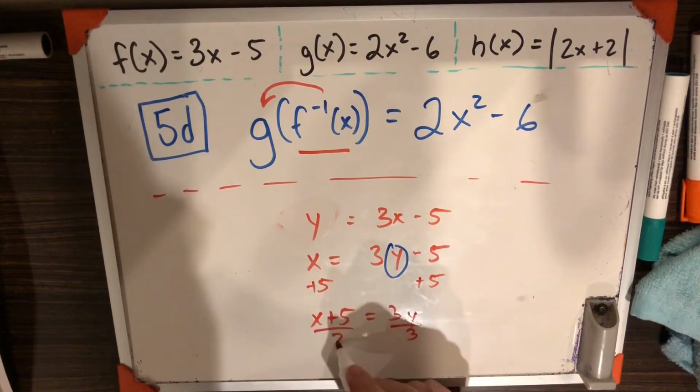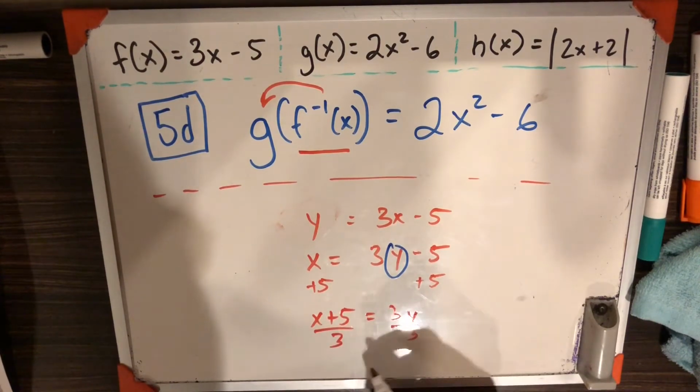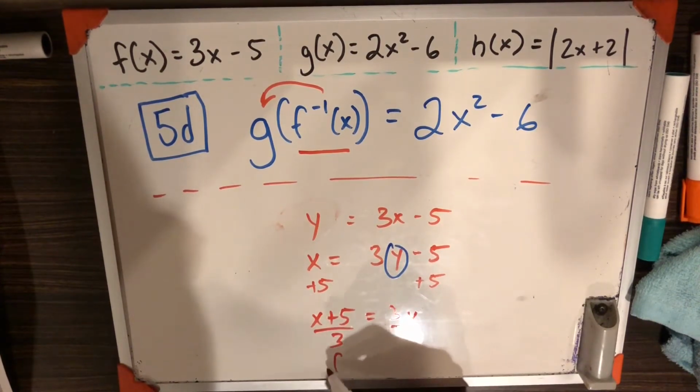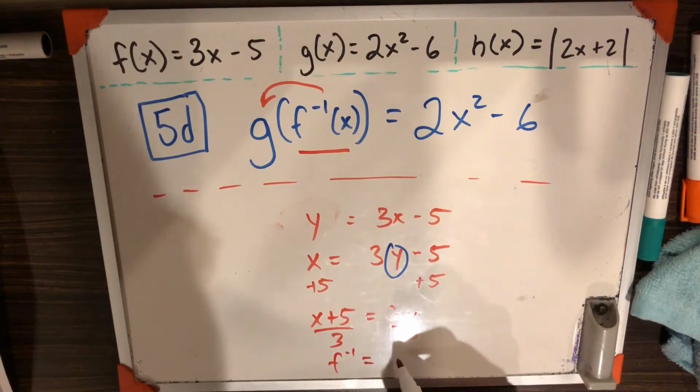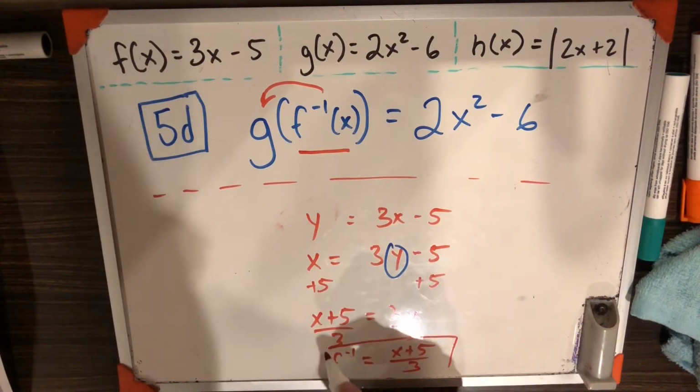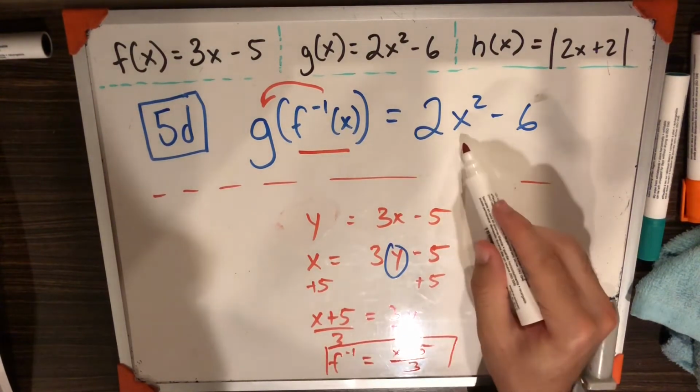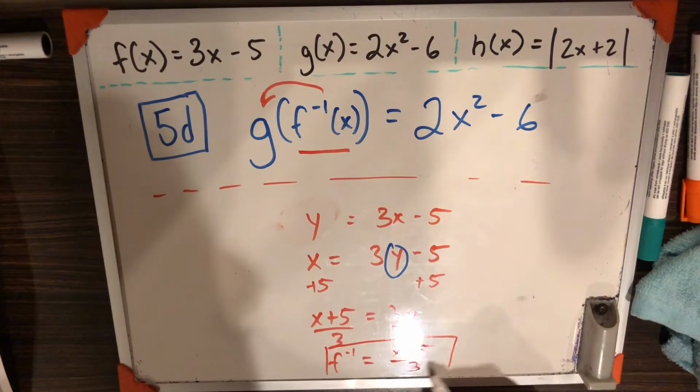Divide by 3, and I know that f inverse is equal to x plus 5 divided by 3. So for that x, I'm going to replace it with x plus 5 divided by 3 since I found my inverse.